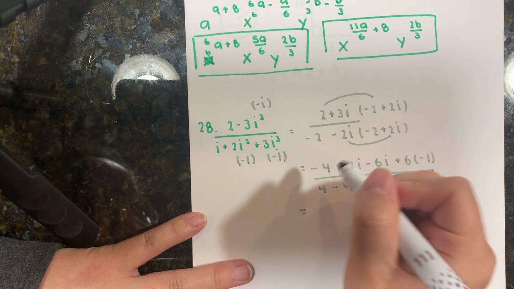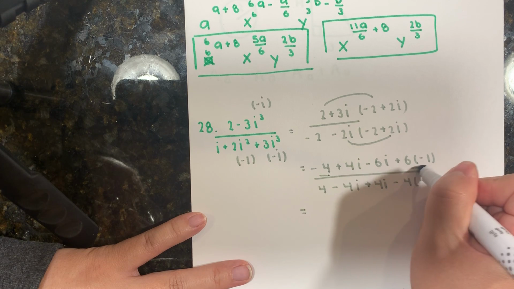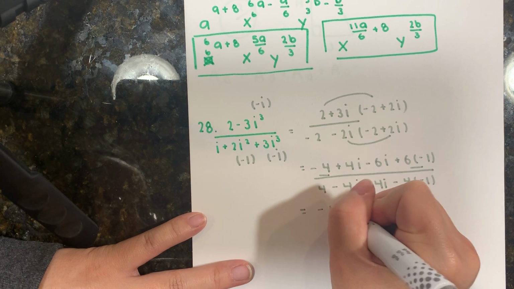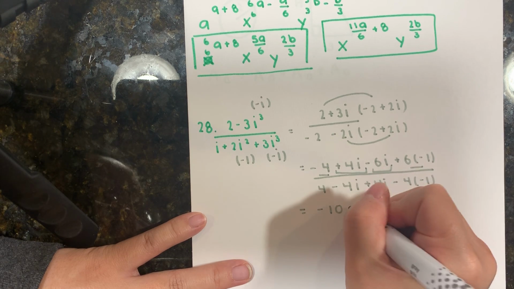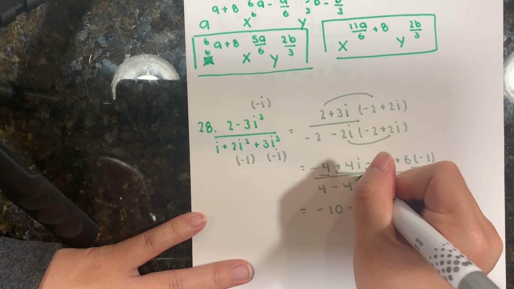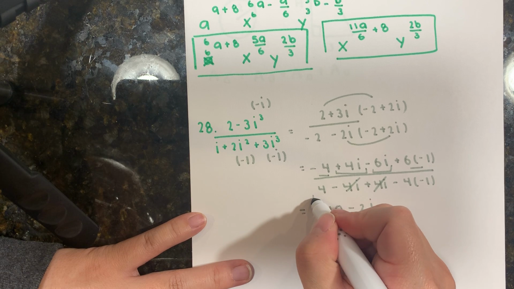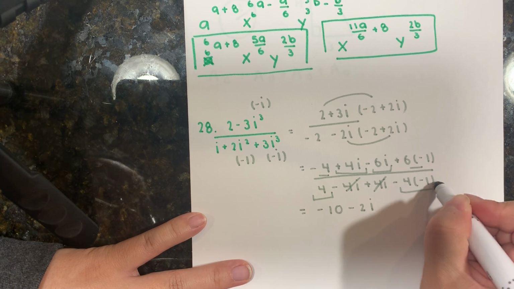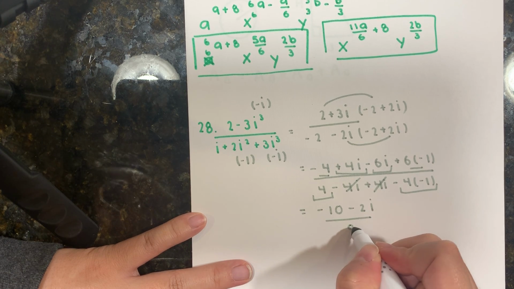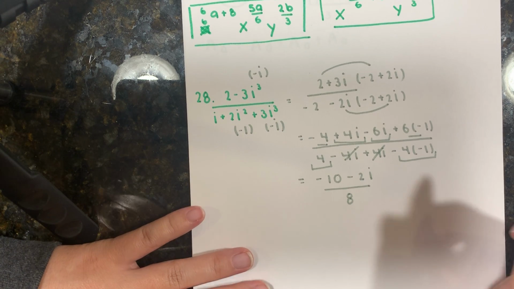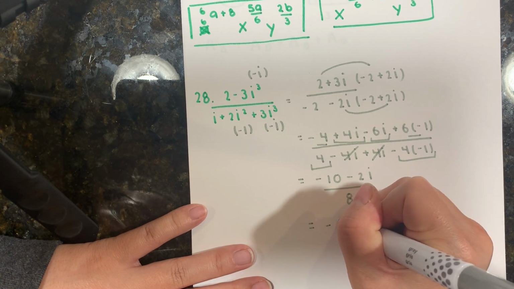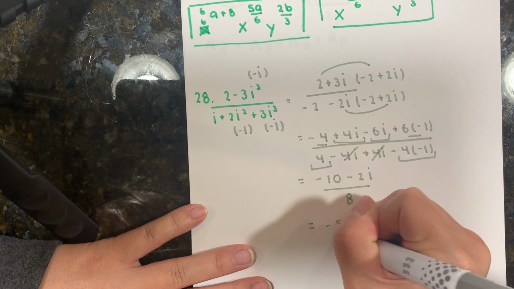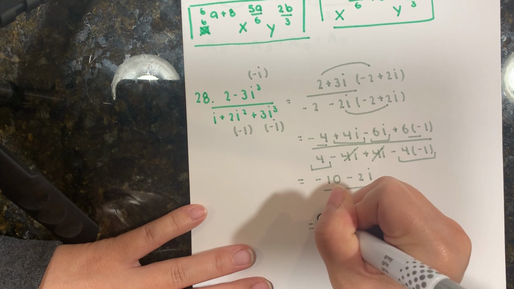In the numerator, I have -4 minus 6 would be -10, and 4i minus 6i would be -2i. In the denominator, I have 4 plus 4, which is going to be 8. And I would divide all of that by 2, so that would be -5 minus i all over 4.